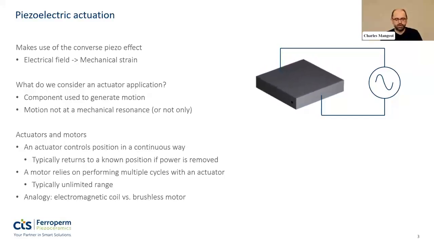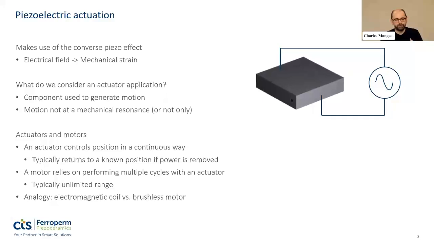Typically an actuator will return to its original position if power is removed, whereas a motor relies on performing multiple cycles with an actuator. Typically a motor will have unlimited range, so you have rotary motors, for example, or linear motors. Obviously linear motors have a limited range, but that can be extended without changing the actuator.